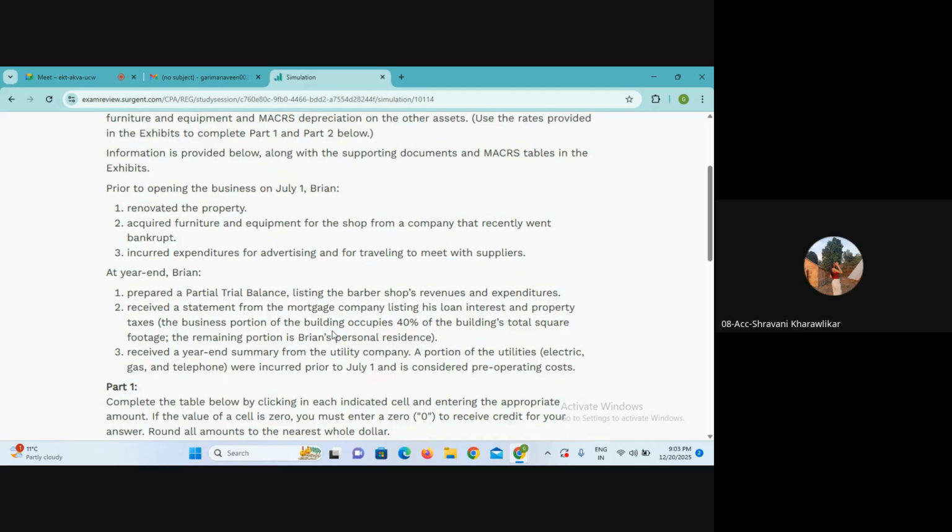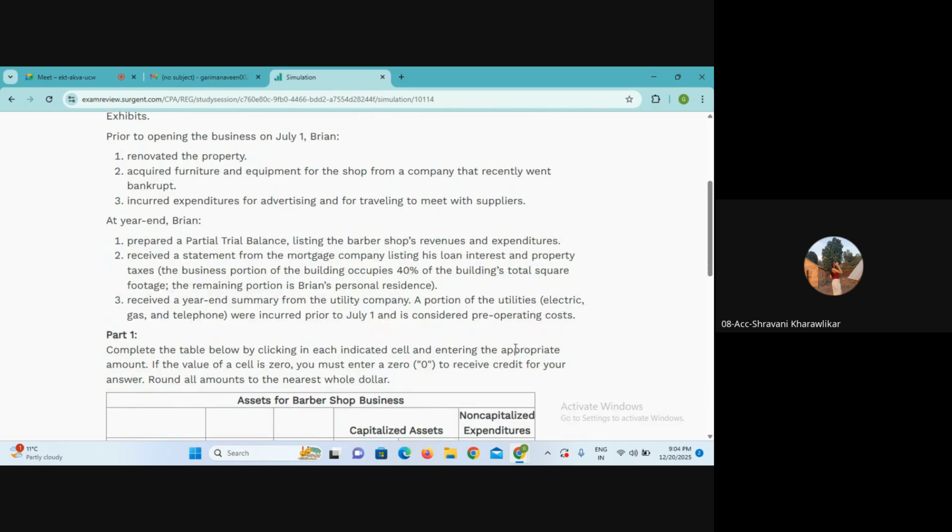Furniture expenses for advertising and traveling to meet suppliers. No, ma'am, there is nothing written about repairs or maintenance. Electric, gas, and telephone were incurred prior to July 1 and are considered pre-operating expense. No, ma'am, there is nothing about repairs and maintenance. Okay, so let me check once.